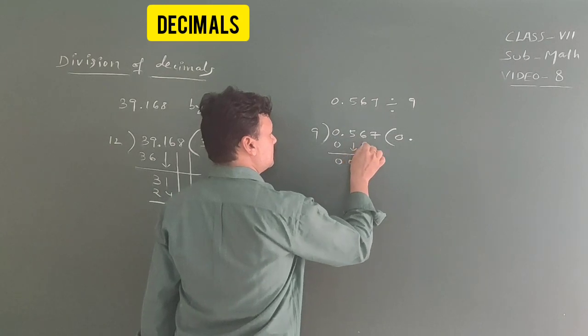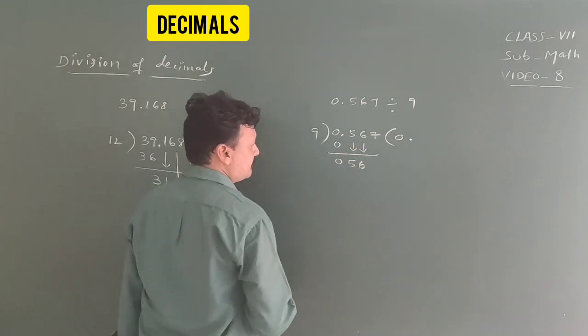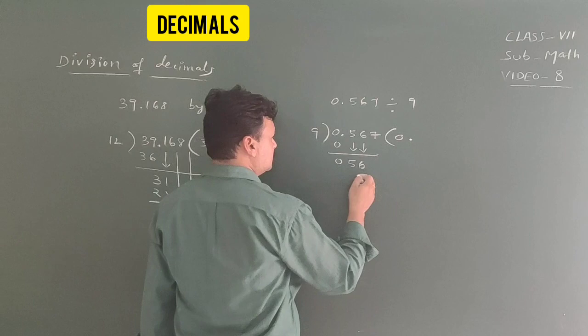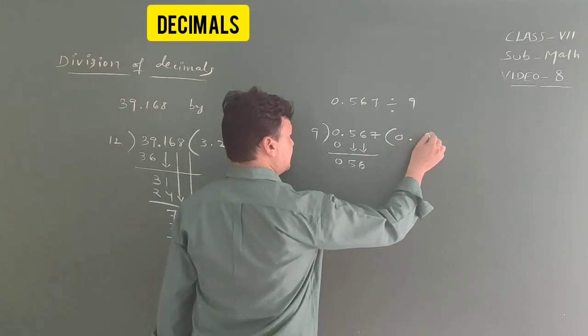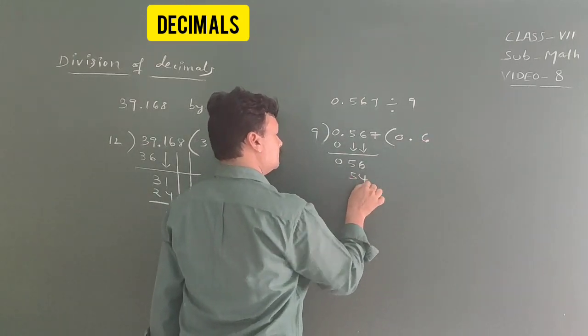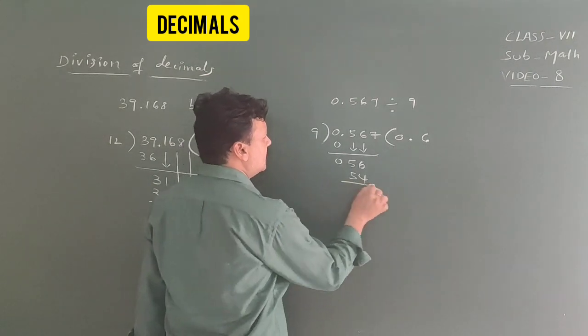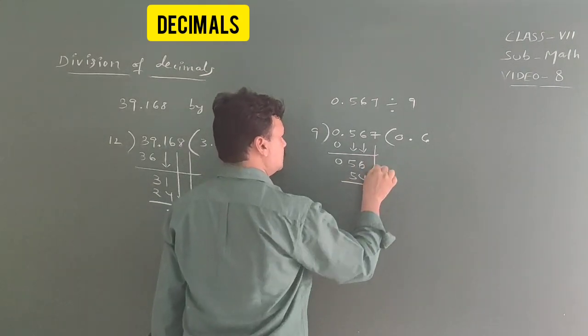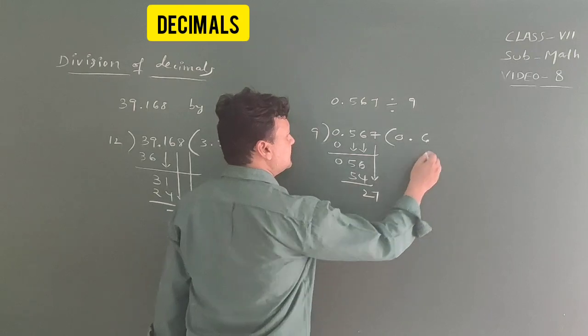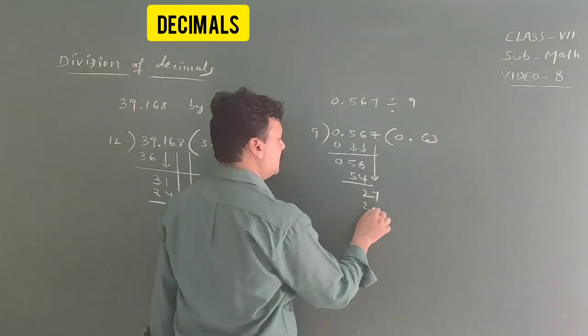So bring down 6. Now 9 6s are 54. Here 2. Bring down 7. 63. So 9 7s are 63.